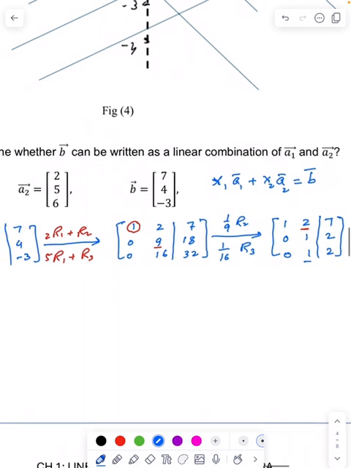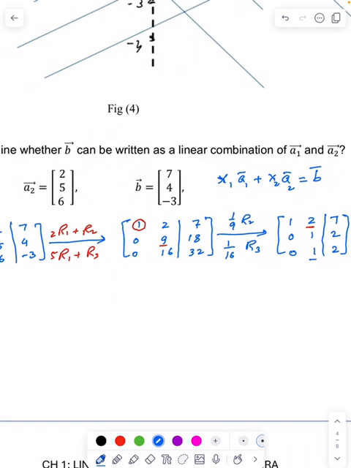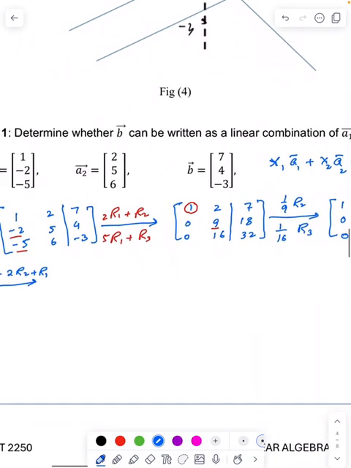So I multiply the second row by -2 and add it to the first row. Then for the third row, I will multiply the second row by -1 and add it to the third row.